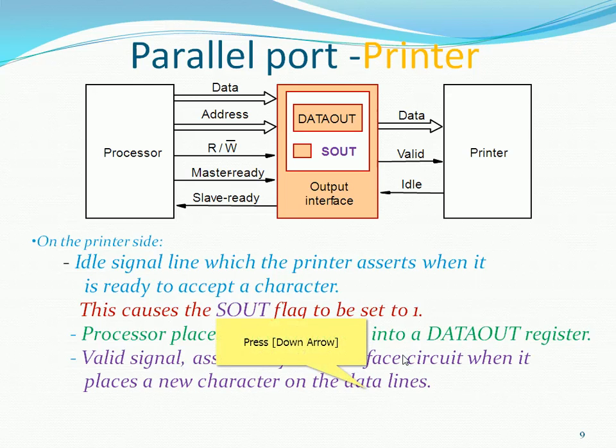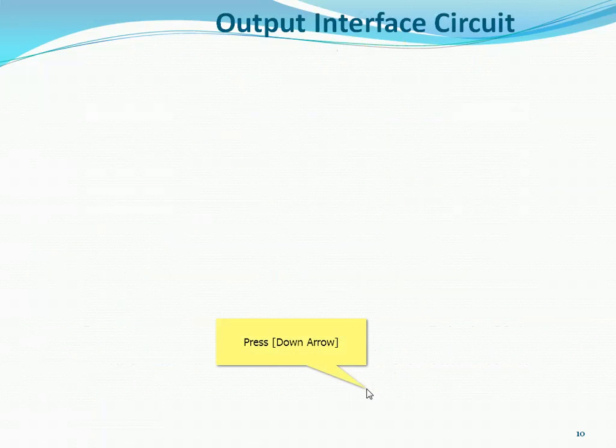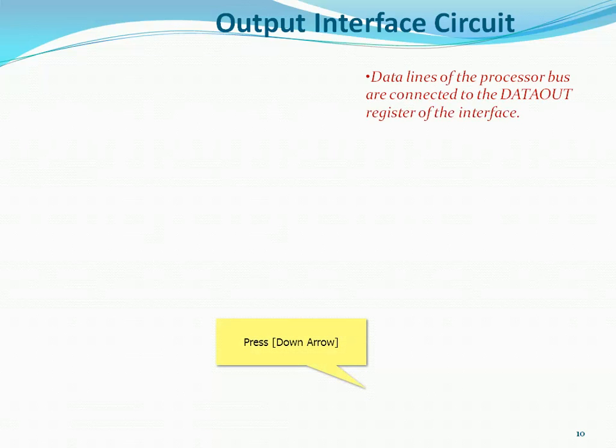The valid signal is declared, assisted by the interface circuit, when it places the new character on the data lines to be printed. So the output interface circuit will be there. We have individually seen in the previous slides the keyboard interface and printer interface.